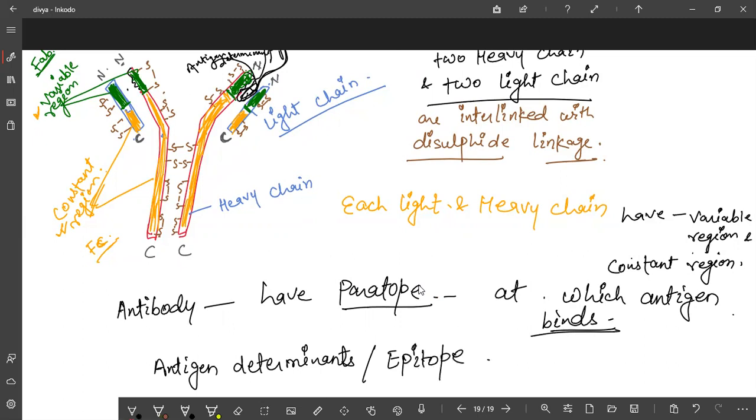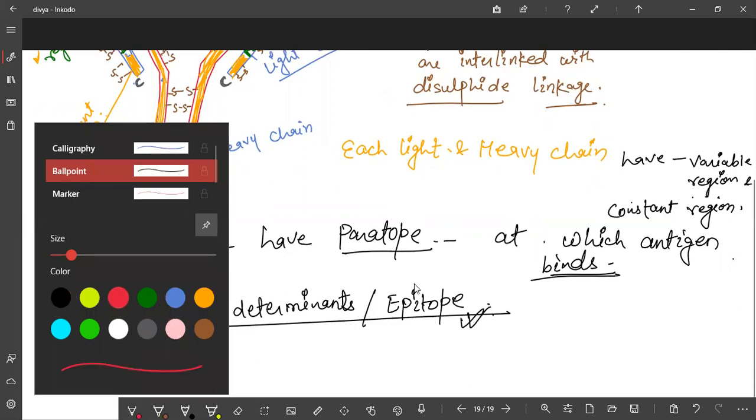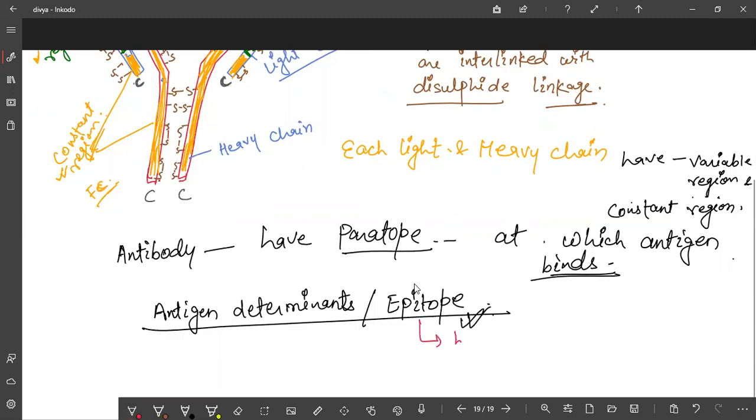So antibody contains paratope, and what about antigen? It contains epitope. And this epitope binds with paratope. Is it clear to you? This is antigen-antibody interaction. Suppose that this is the antibody structure.